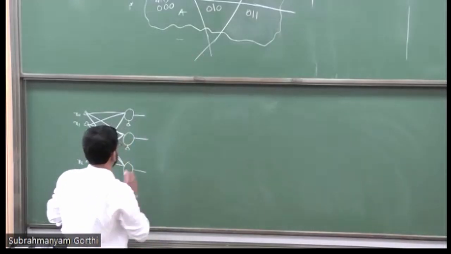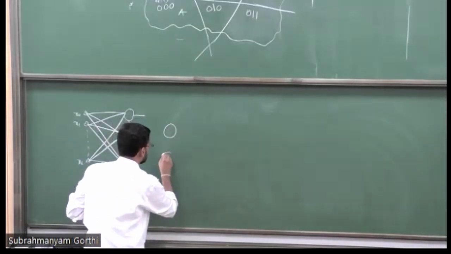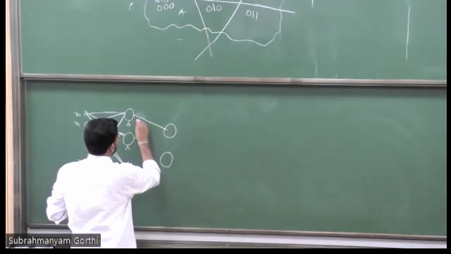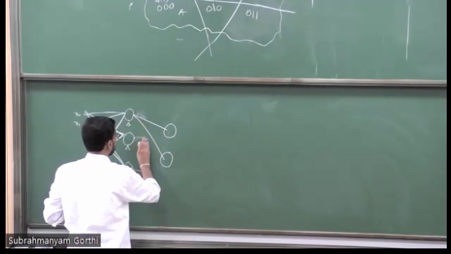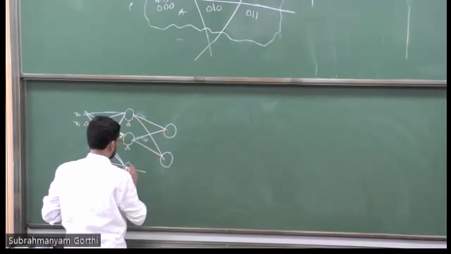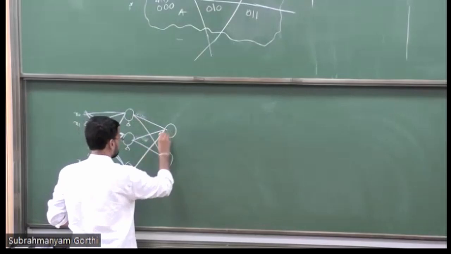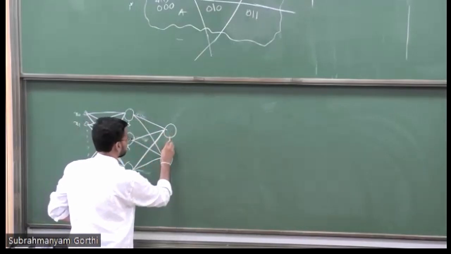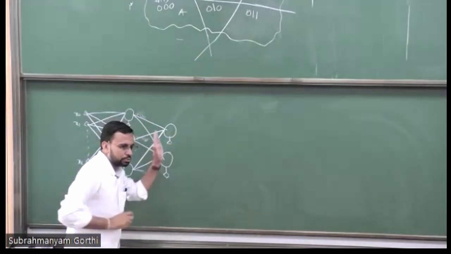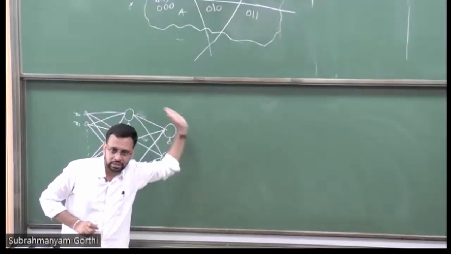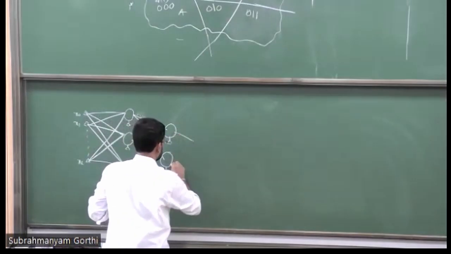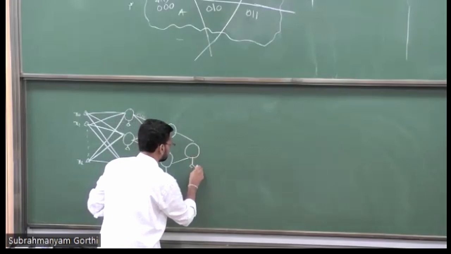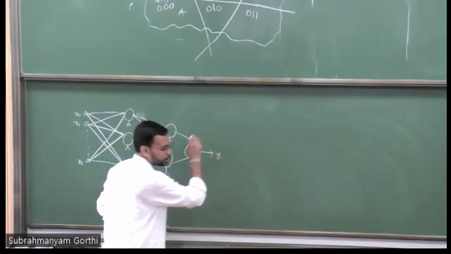If that is the case, I use 2 neurons here, my inputs will go here, and of course this bias term. Finally, my last layer is a single neuron. The output layer is a single neuron, and this is my output Y.